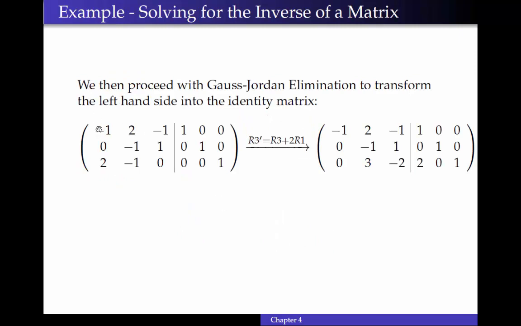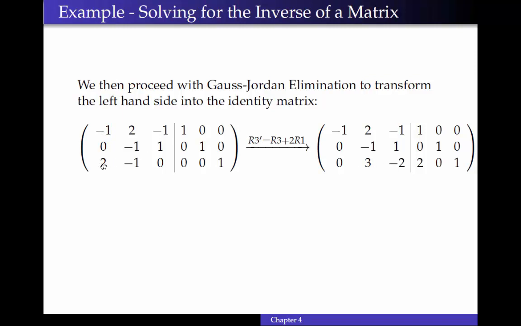So we start with the first pivot element. We've already zeroed out, or we haven't, but the element below it is already zeroed out. And so we want to zero out the bottom left-hand corner here. And so to do that, we multiply the first row by 2 and add it to the third row.